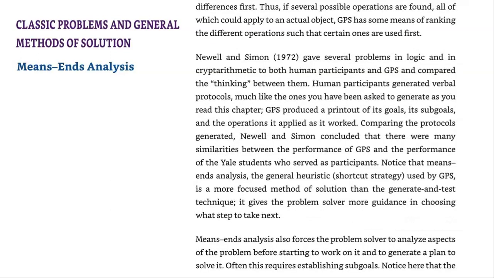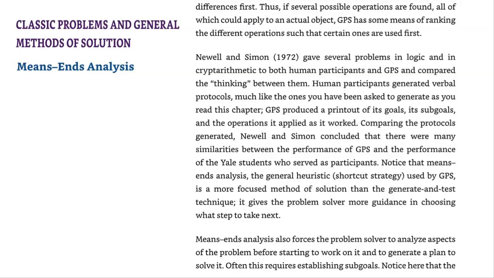So if several possible operations are found, all of which could apply to an actual object, then this general problem solver has some means of ranking the different operations, such as ones that are used first. So if you'll indulge me just this one paragraph.